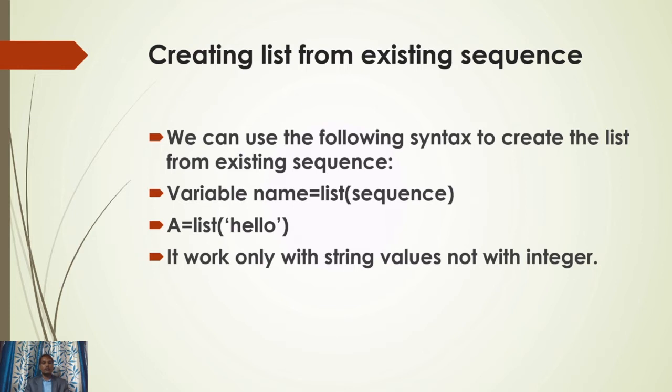It works only with string values, not with integer values. While creating a list from an existing sequence, we must put a string value. If you put 1 2 3 4 5 without inverted comma, which is a number value or integer value, you are unable to create a list from an existing sequence.